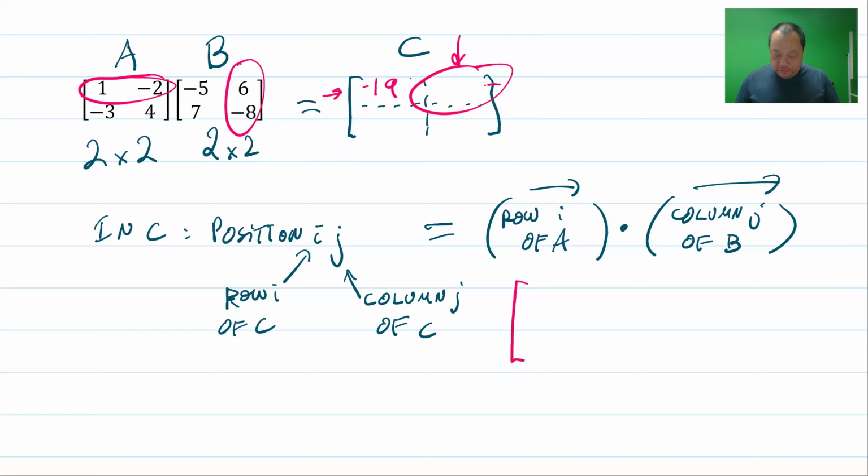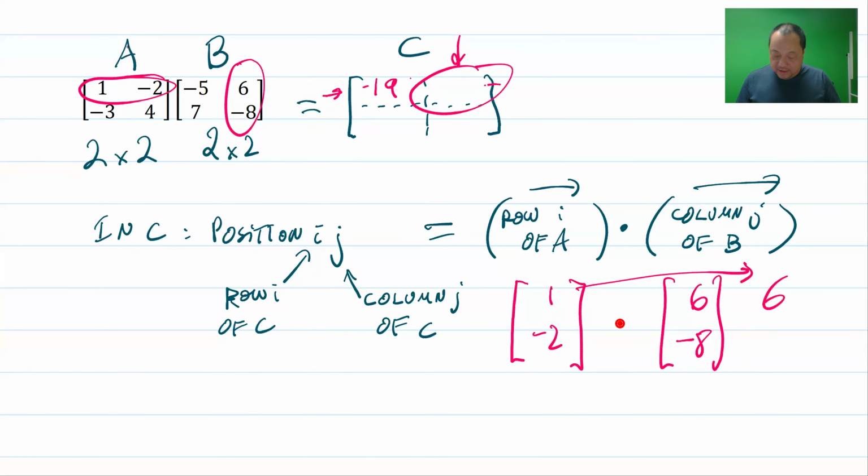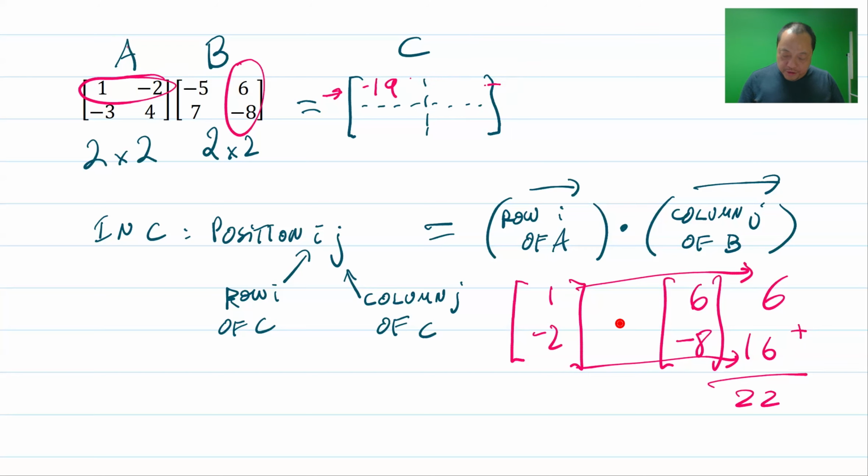I turn this around, and make sure you turn correctly. I multiply across and then add down. You got 6 plus 16 equals positive 22. So the number here is 22. If you didn't get 22, double check your work and see why it didn't work out to be 22.